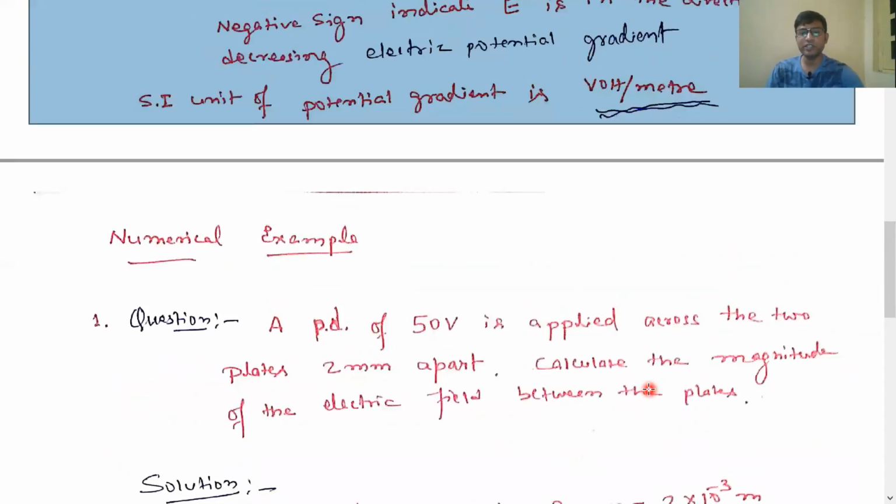So the first question: a potential difference of 50 volt is applied across two plates 2 millimeter apart. Calculate the magnitude of electric field between the plates. So there are two plates actually.